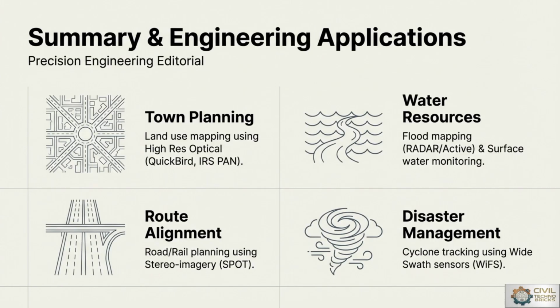Stereo imagery satellites such as SPOT are helpful in road and railway route alignment studies. Active microwave sensors such as radar are highly effective for flood mapping and water resource monitoring. Wide swath sensors support disaster management applications which include cyclone tracking, hazard assessment, and emergency response, and many more.